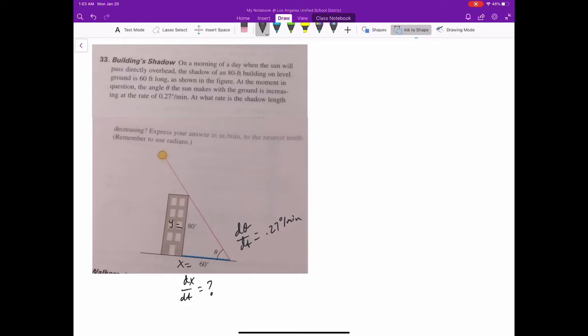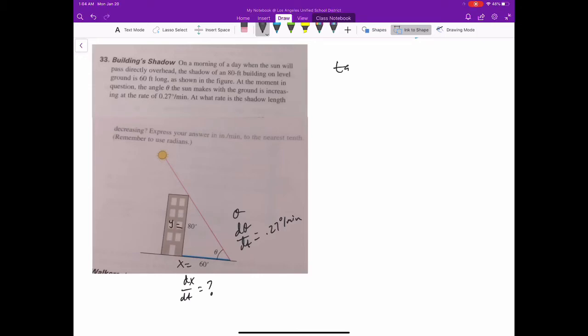So I have theta, I have x, and we have y. So I'm thinking opposite and adjacent. Opposite adjacent is going to be tangent. So let's use tangent.